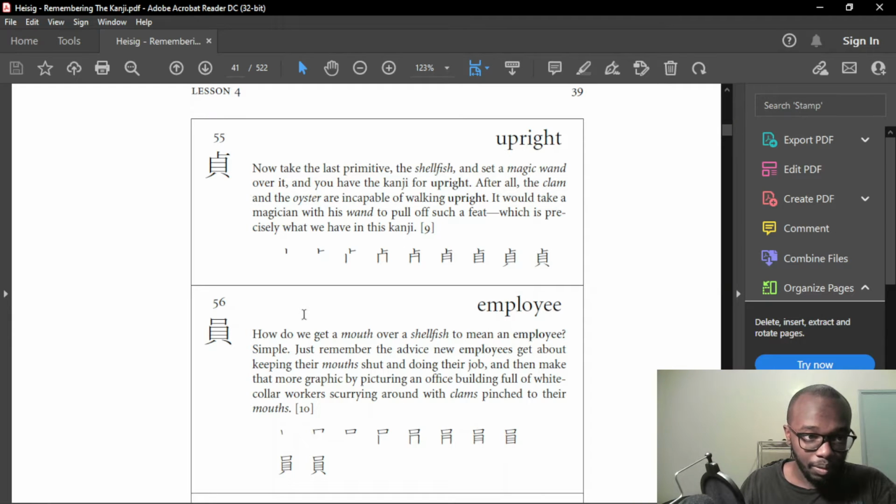So let's say divining rod over an eye. Also the divining rod of a seashell. It's basically a seashell. So this is a shellfish, not a seashell. Shellfish with a wand. So it's a shellfish with a wand.